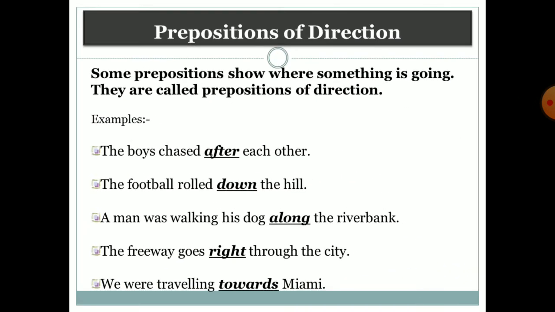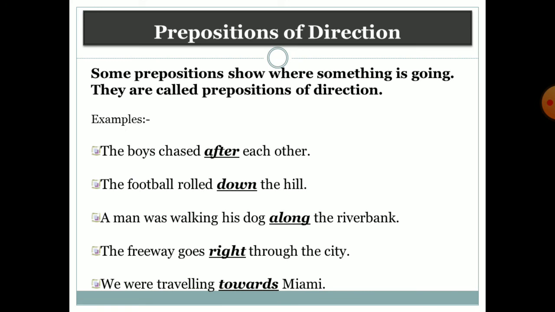The next is prepositions of direction. The prepositions like towards, from, to, after, down, etc., they establish the relation of direction. These prepositions show where something is going. So they are called the prepositions of direction. For example, the boys chased after each other.